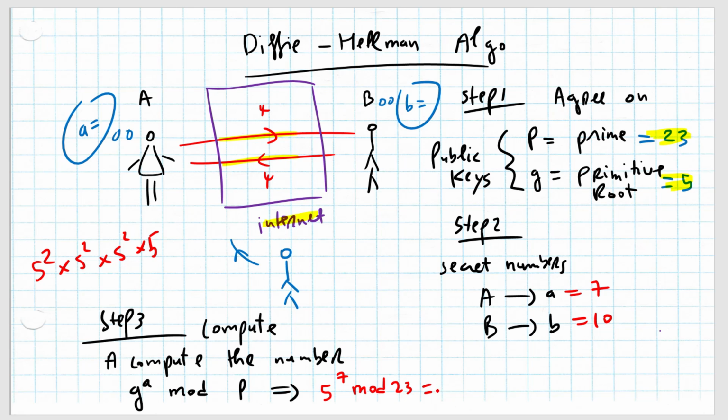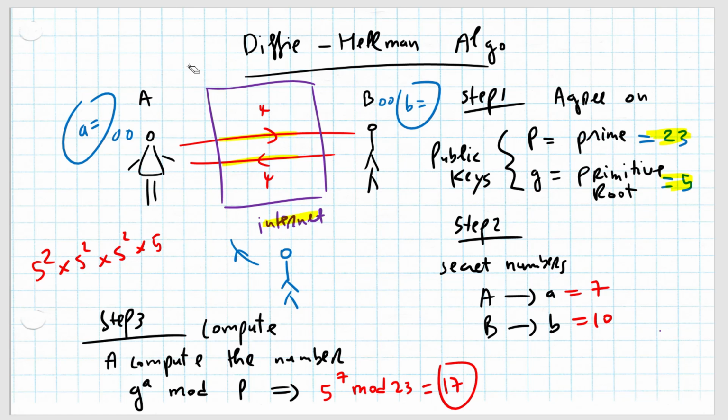If it's 8 times 5, that would give us 40 minus 23. Is it 17? It's 17. That number 17 is what A, after computing, is going to send to B.